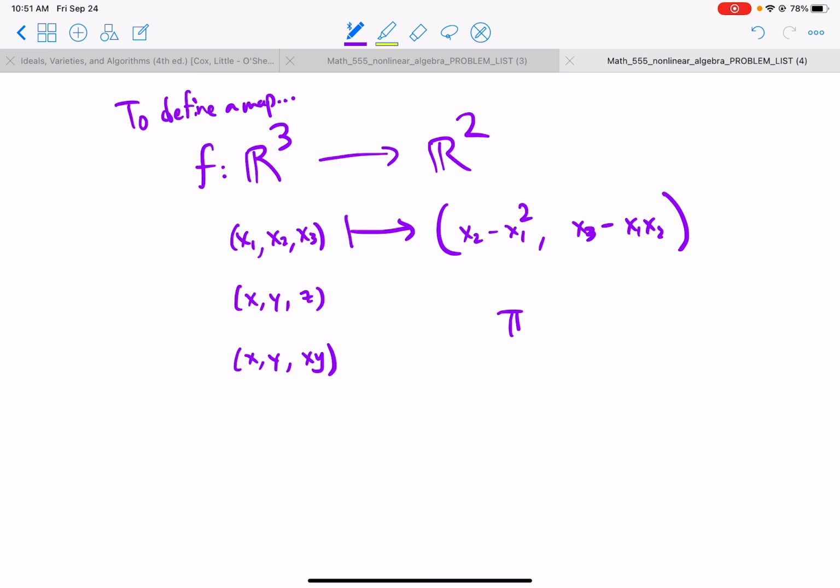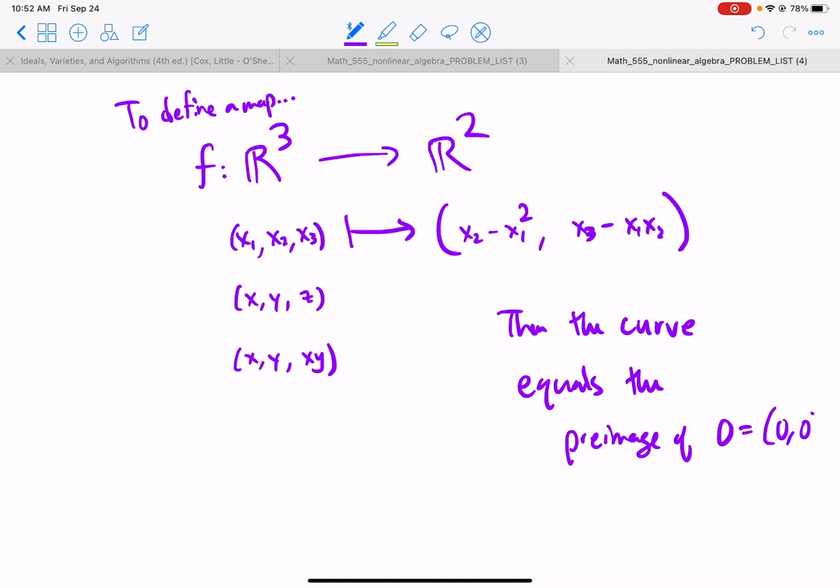Then the curve equals, and I think this answers your question, the preimage of 0, which is secretly 0, comma 0.